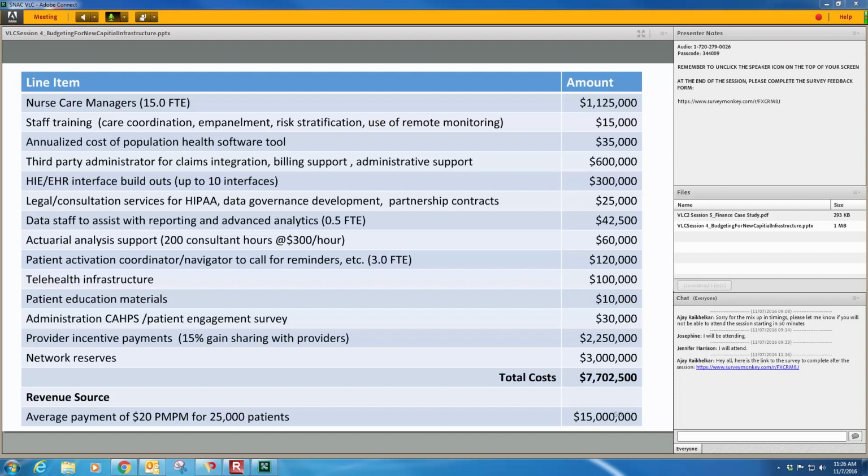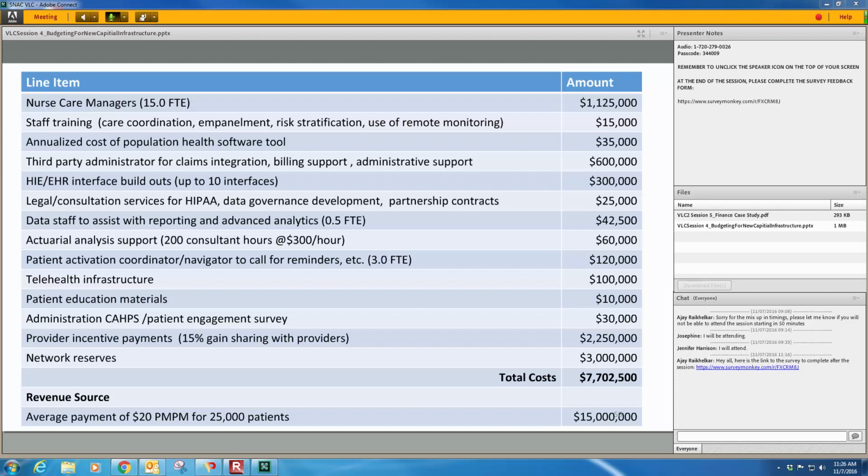So here we go. In this case, we've got about 15 nurse care managers spread across the participating organizations for a cost of about $1.1 million. We think it's really going to be important to have staff training in all of the areas that are noted there. We've applied to this model an annualized cost of a population health software tool.